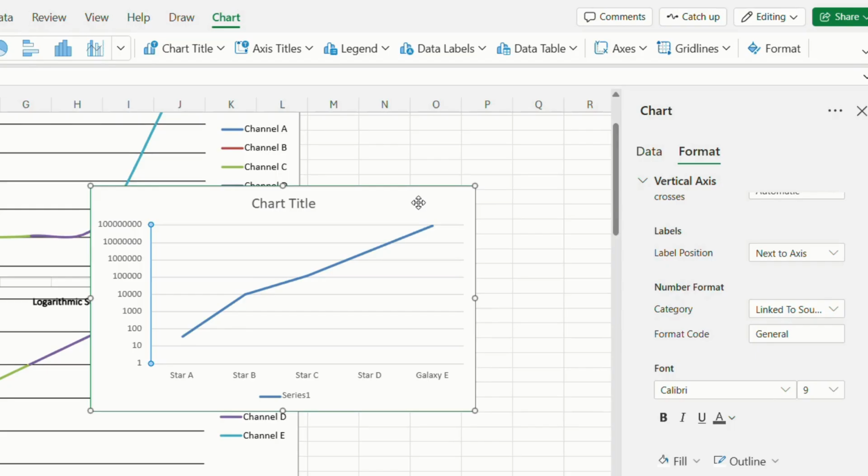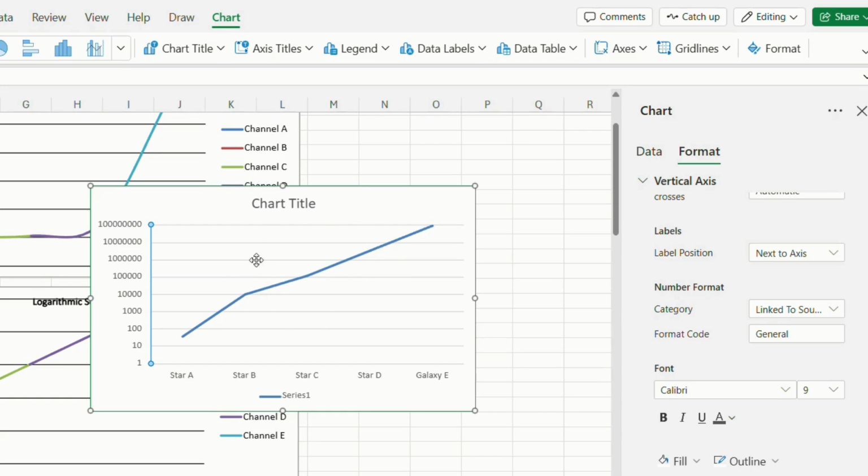The logarithmic scale displays the data using powers of the base, usually 10, instead of equal increments. It is useful when data contains very large or very small values, because it makes comparison easier and prevents smaller values from appearing insignificant on the chart.